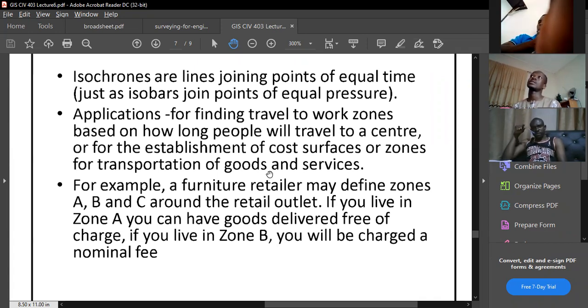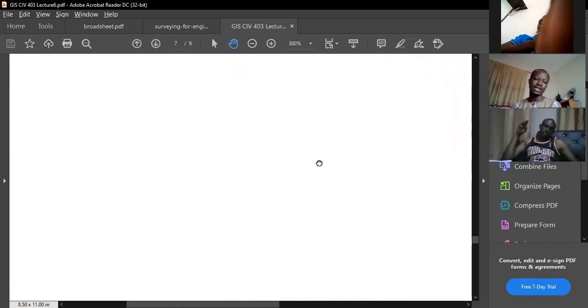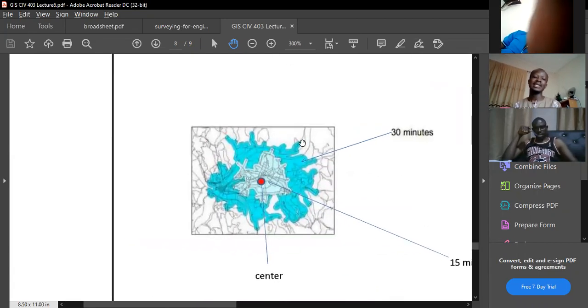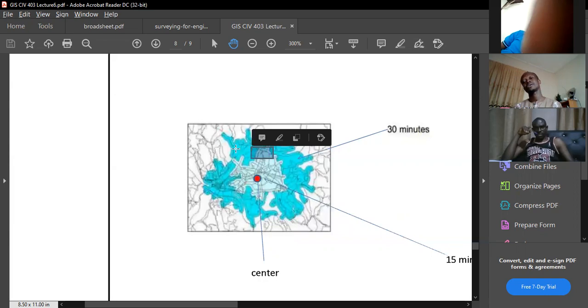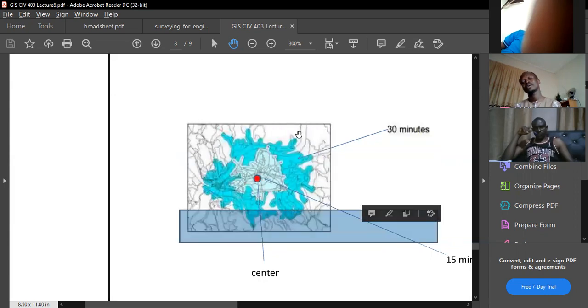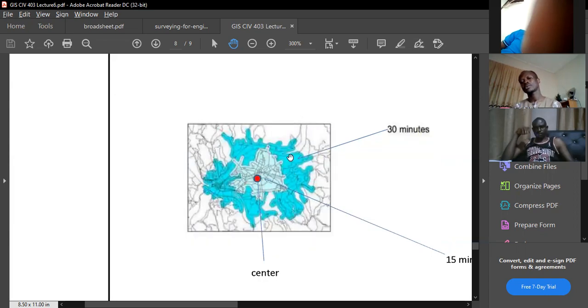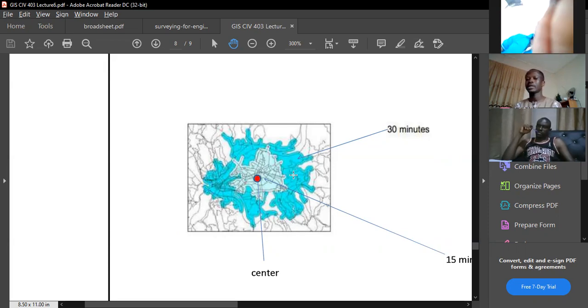So you can have this map and shade a zone, and the zone will indicate that everyone within the light blue or turquoise blue color, it would take them 30 minutes to get to a particular facility.